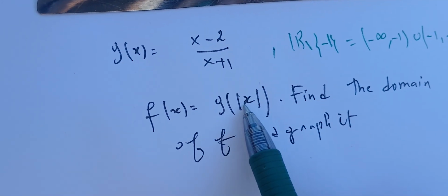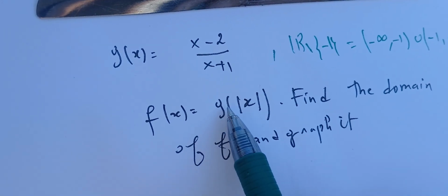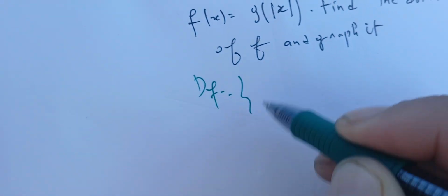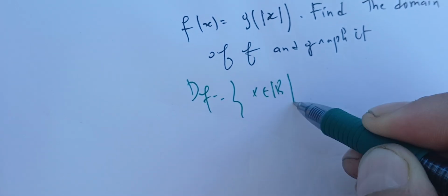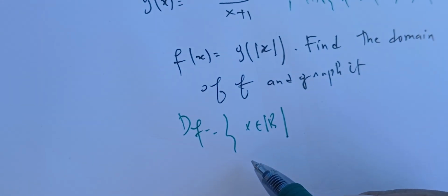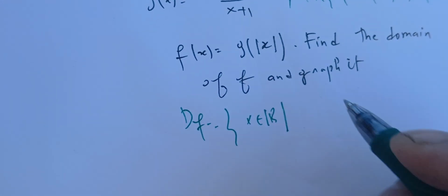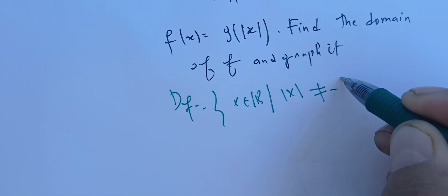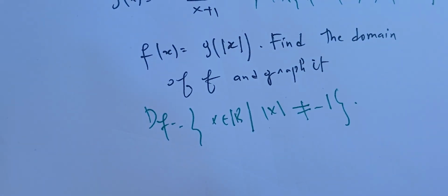So to have f defined, we need the domain of f to be the set of x's in R such that the absolute value of x is different from -1.